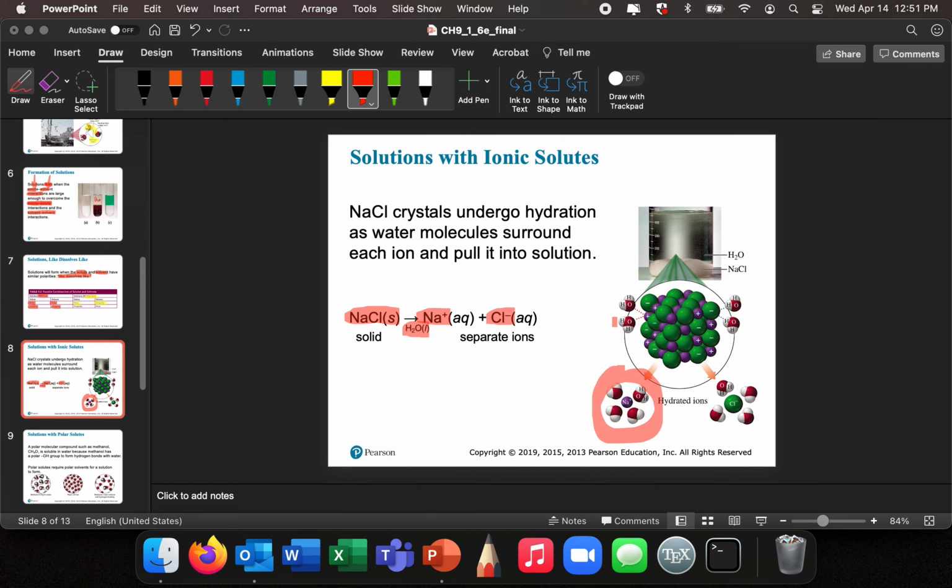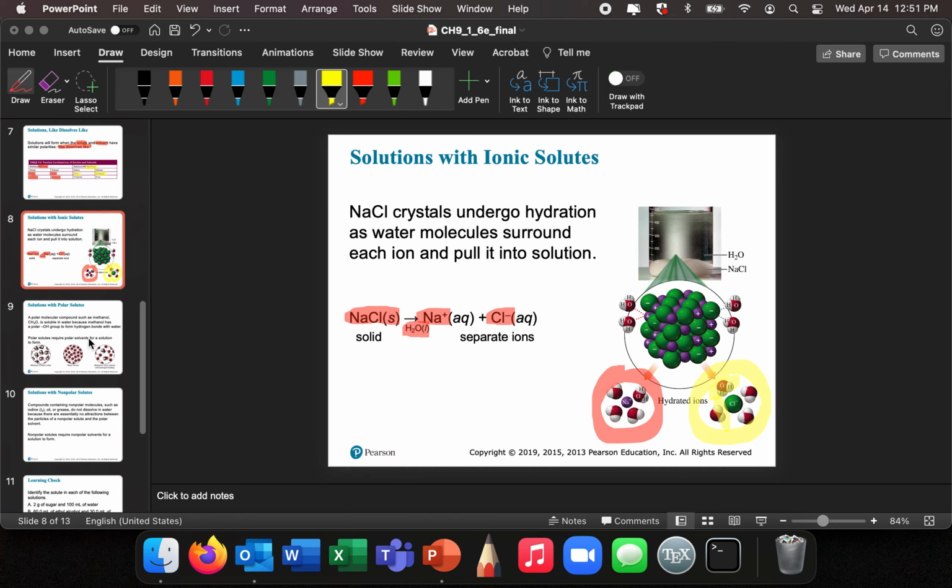The oxygens have a partial minus on them. Remember that? Which is not showing in this slide, but we showed it in a previous slide. And that partial minus surrounds the sodium plus, okay? Likewise, over here, the hydrogens, which have partial positives, can you see how they're associating with the minus of the chloride ion, okay?